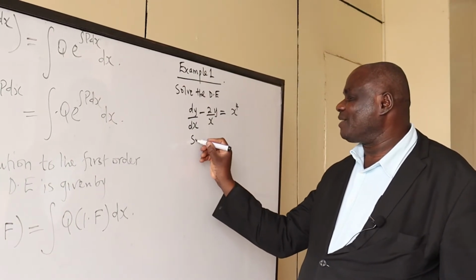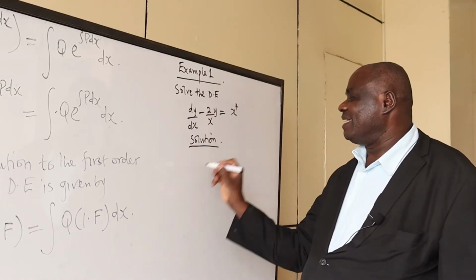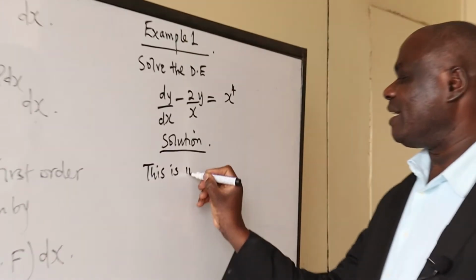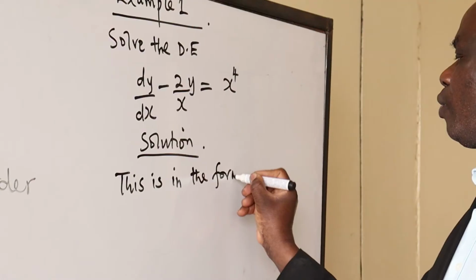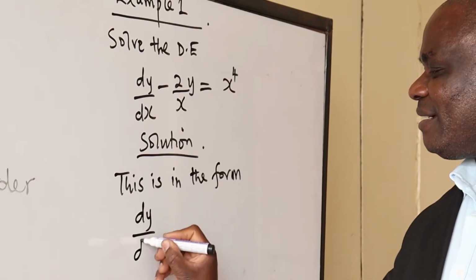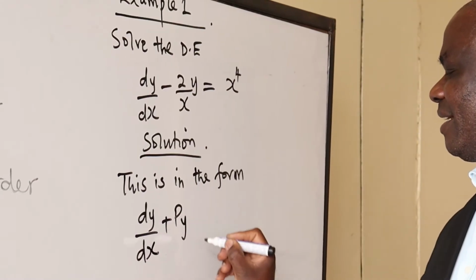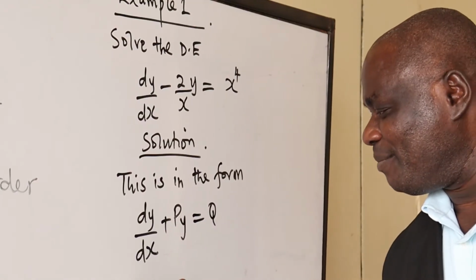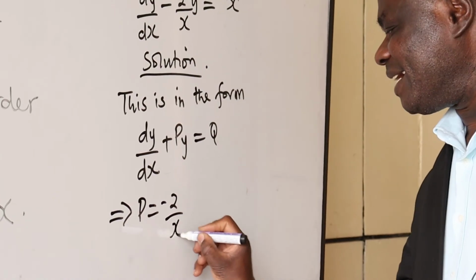So in our solution, this is in the form dy/dx plus py is equal to q. In our case, this implies our p is equal to minus 2 all over x.